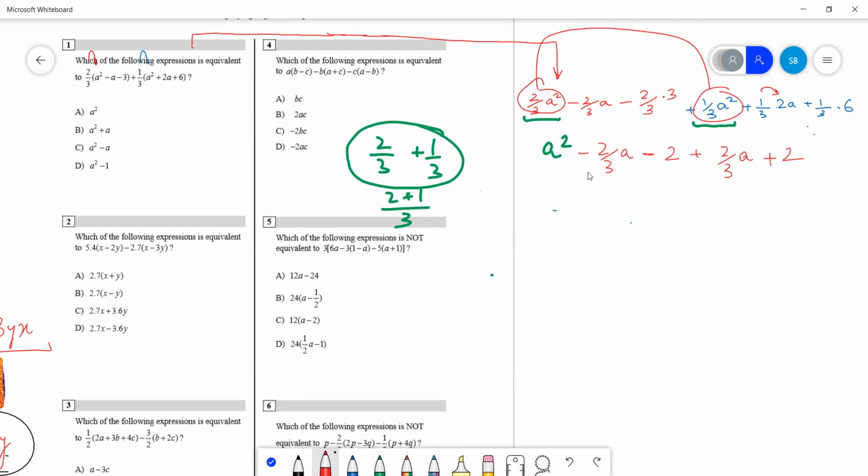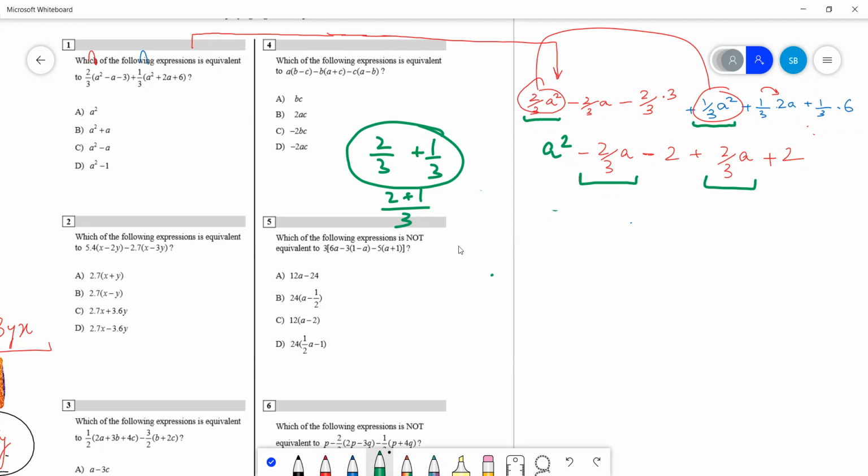So is there any like term? It would be negative 2/3a and 2/3a. So how much will it be? I would be adding, right? Yes, negative 2/3a plus 2/3a. That would be 0.